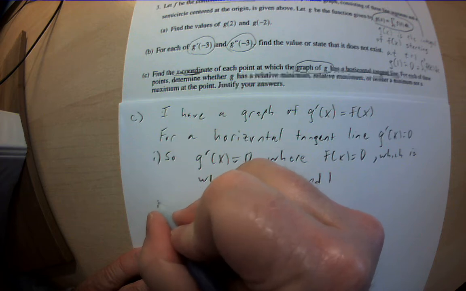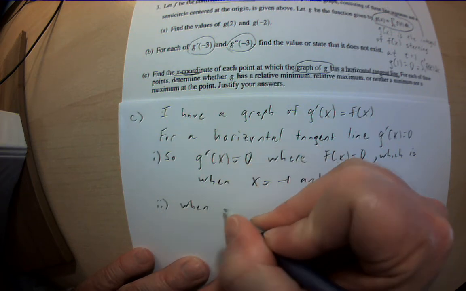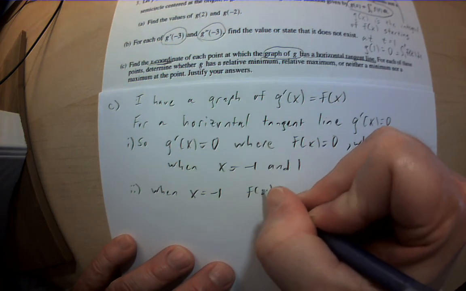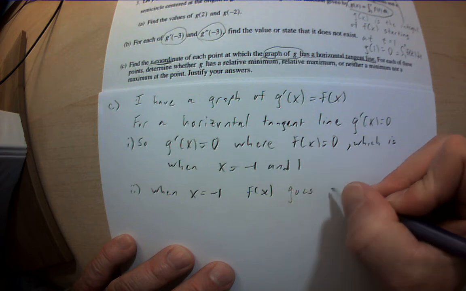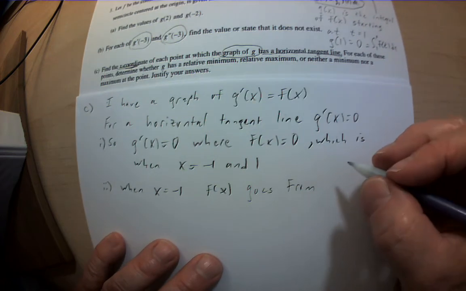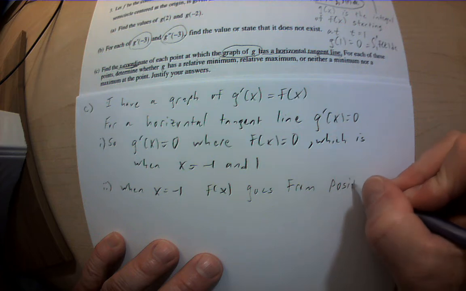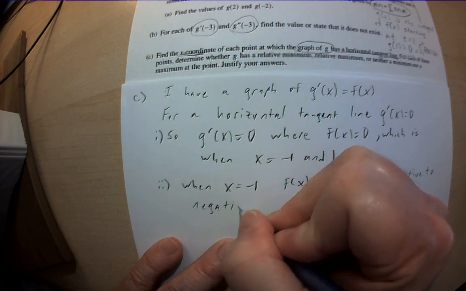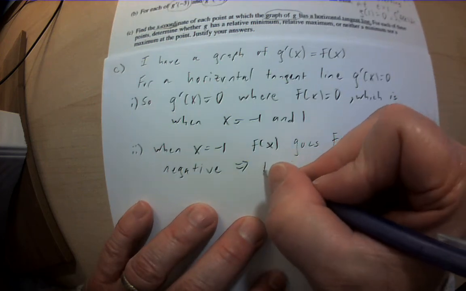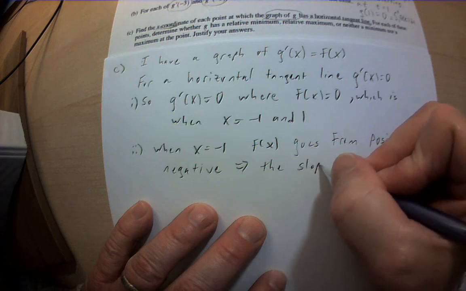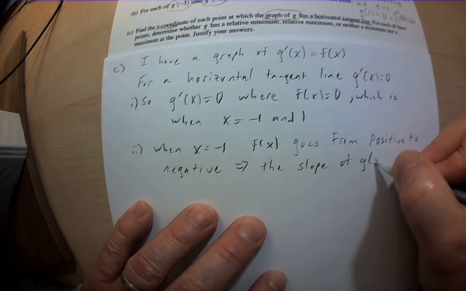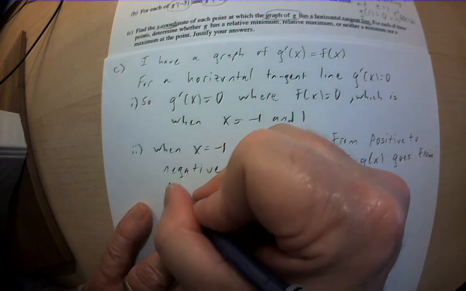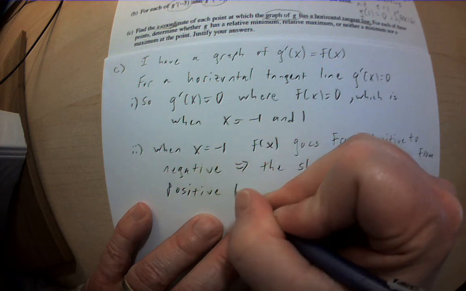Okay, the second part, when x equals -1, f of x goes from positive to negative. Therefore, the slope of g of x goes from positive to negative.